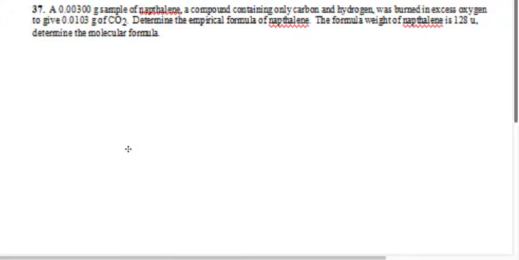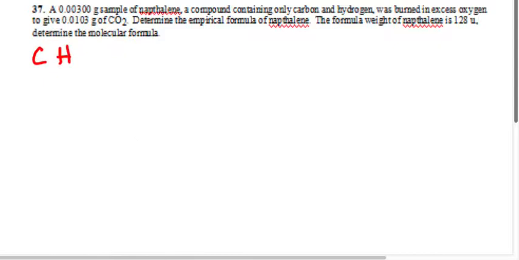So we call it combustion analysis because we're going to be using the products of a combustion reaction to find stuff out about our reactant. Our reactant here is naphthalene, a compound containing only carbon and hydrogen. So all we know about naphthalene is it has carbon and hydrogen in it.